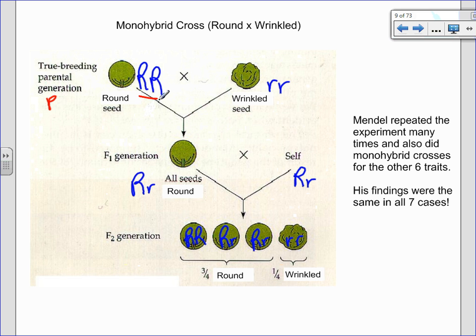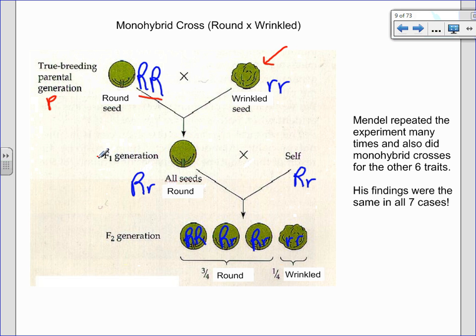Usually we use the letter to represent whichever trait was dominant. So we wouldn't use W because W would start wrinkled, and wrinkled is the recessive. So we use R for round. So big R, because it's pure, meaning homozygous for big R. And this parent was pure for wrinkles, so little r.